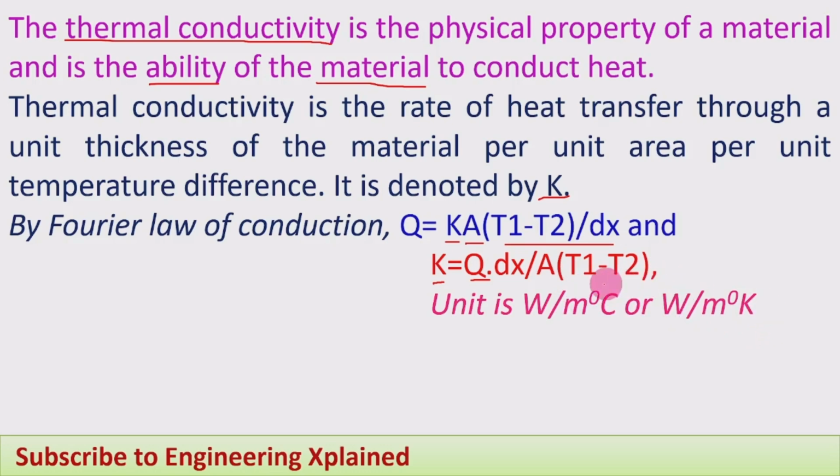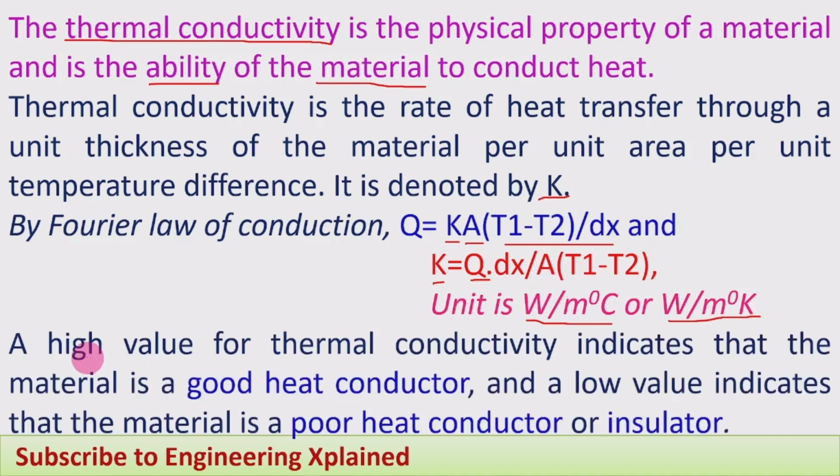Because the temperature we can take either in degree Celsius or degree Kelvin, the temperature difference remains the same, and that's why we can use the unit either watt per meter degree Celsius or watt per meter degree Kelvin, one and the same. One may get confused about whether we have to convert the unit or not, but any one unit we can use; it will not matter in the conduction equation.